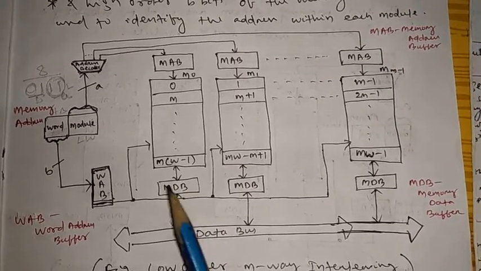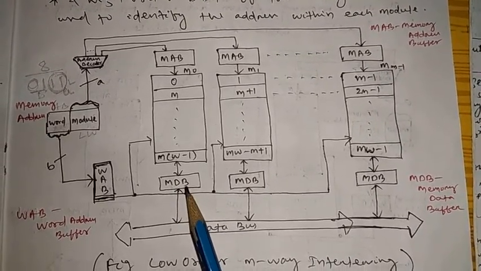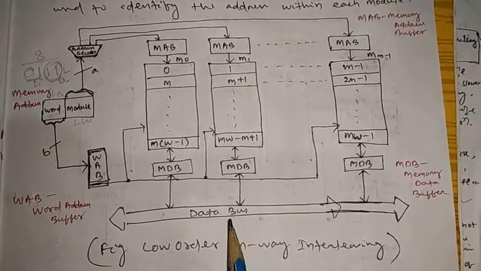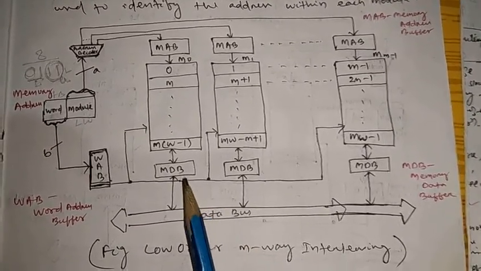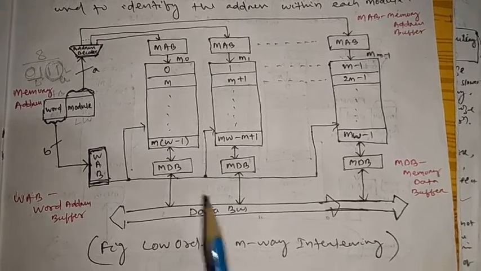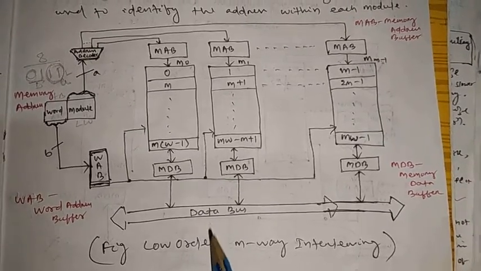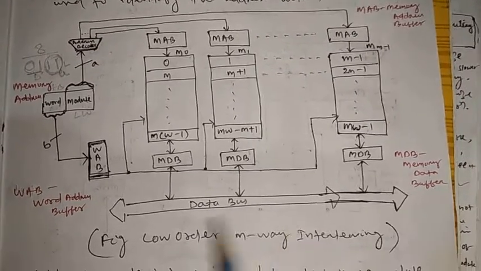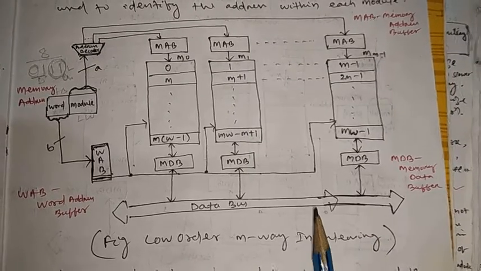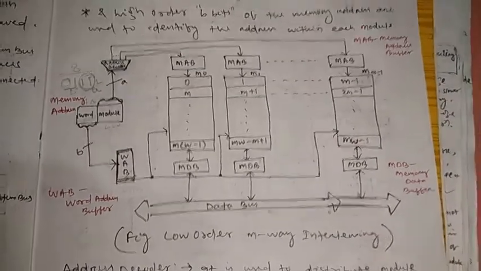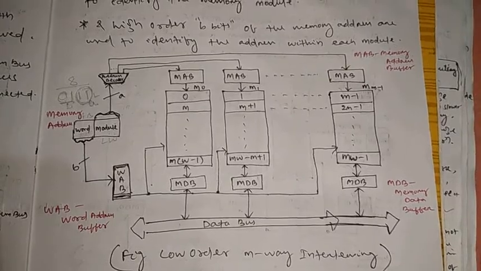MDB is nothing but the memory data buffer. After the data goes from the memory data buffer to the data bus, the CPU or IO devices connected to this data bus will access the data. So how will the data be accessed by the CPU and IO devices?